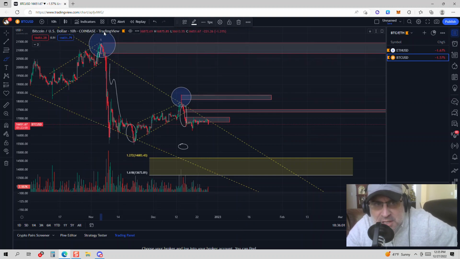It's usually when you see the pumps, and that's to create the illusion that we're breaking structure and to get as many longs in there as possible to where they can fall prey to the shorts that await them in these order blocks.